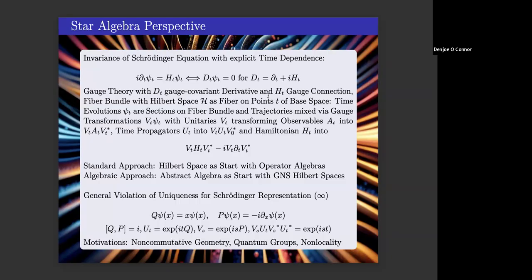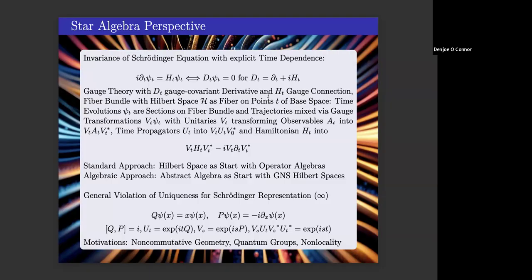So you have unitaries Vt, they transform your observables into those transformed observables. They transform the unitaries, the time evolution, into this, and the Hamiltonian gets transformed into this. But the whole thing, the whole Schrödinger equation, stays the same.